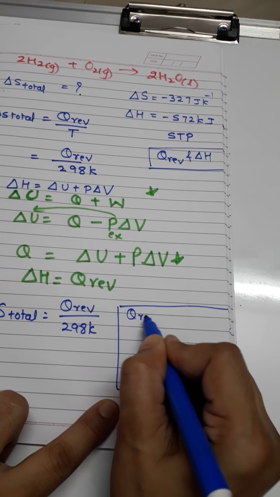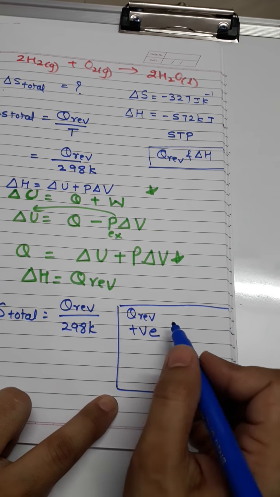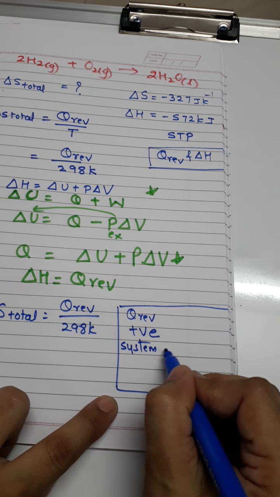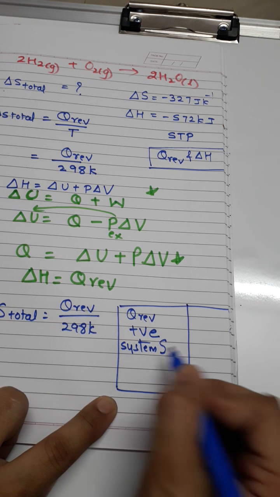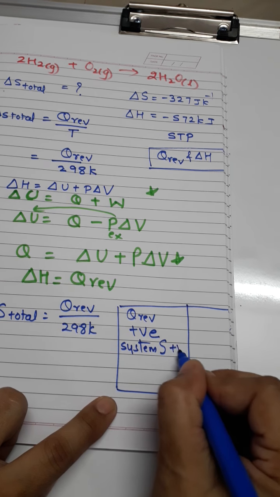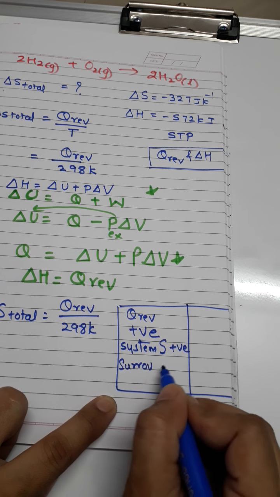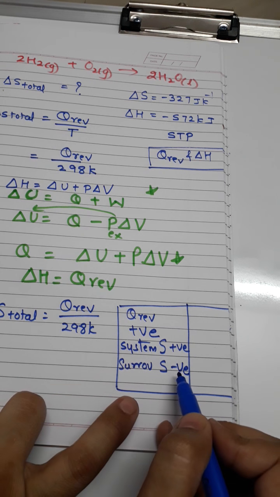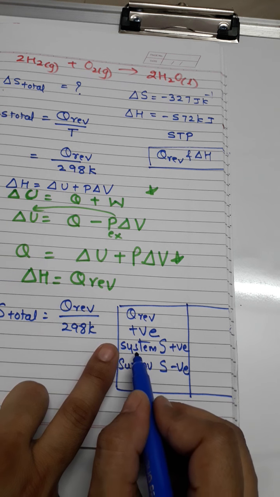If Q reversible is positive, it means that the system has absorbed the heat, so the entropy of the system is going to be positive. But in this case, the entropy of the surrounding would be negative, because from outside we are taking away the heat and introducing it into the system.